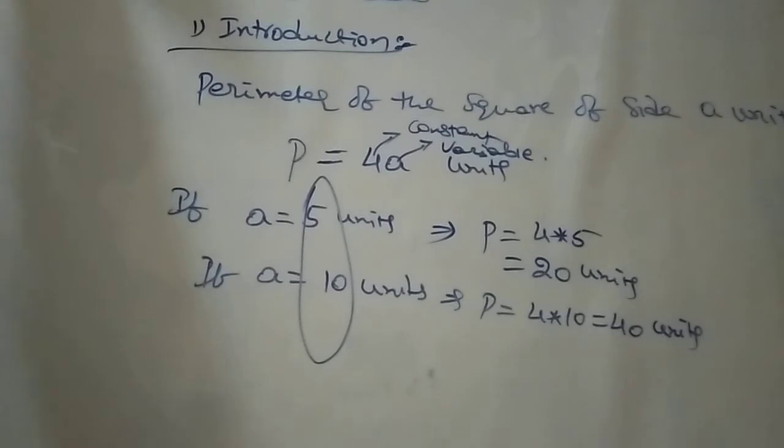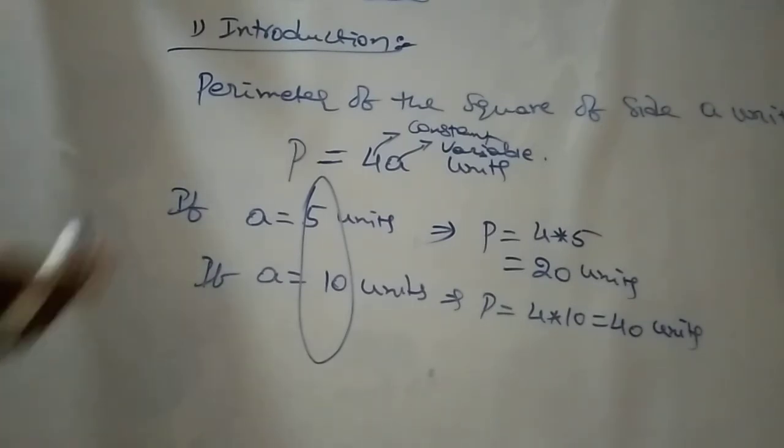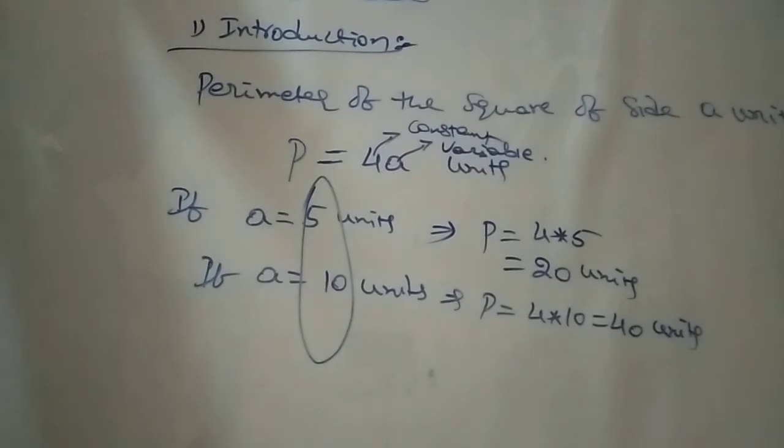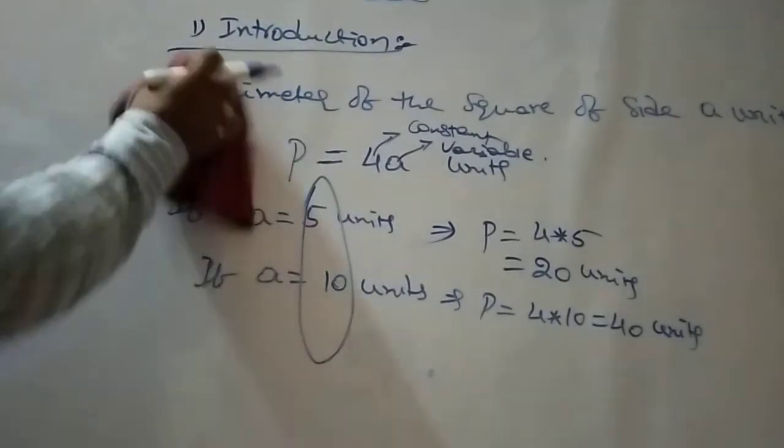Constant means throughout the situation there is no change in that. Variable means in the same situation, depending on the values we are substituting, it will change. Now this is the use of polynomials in real life and in mathematics.